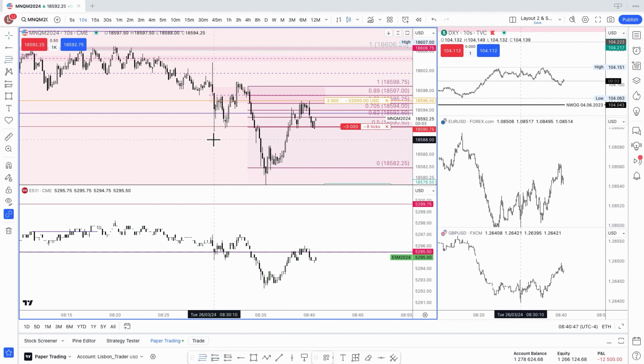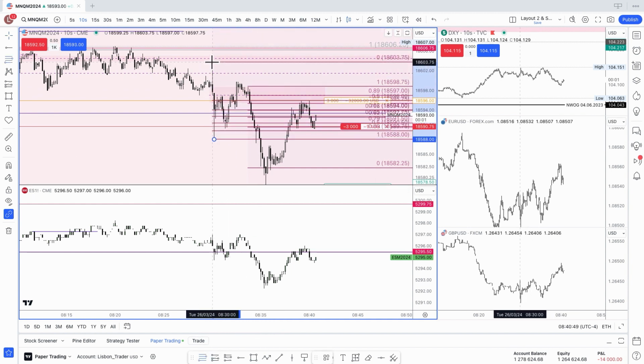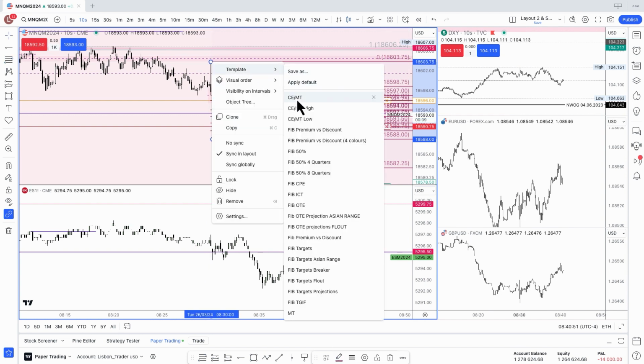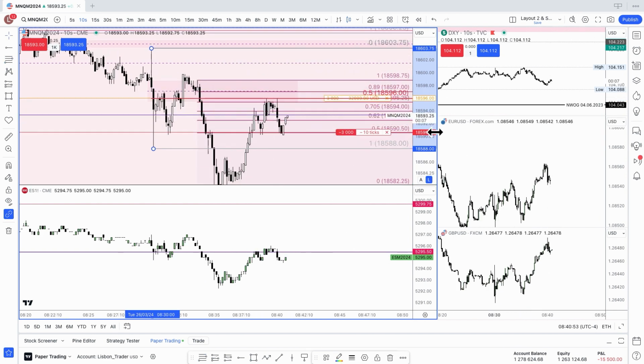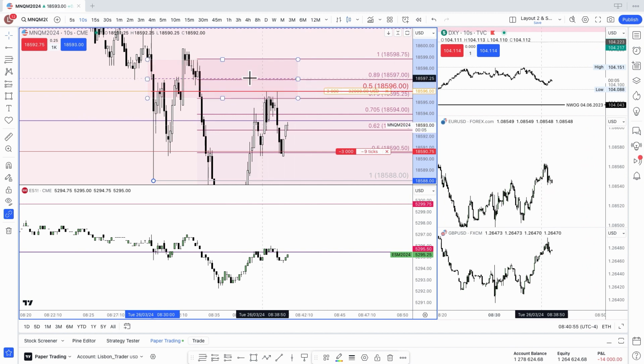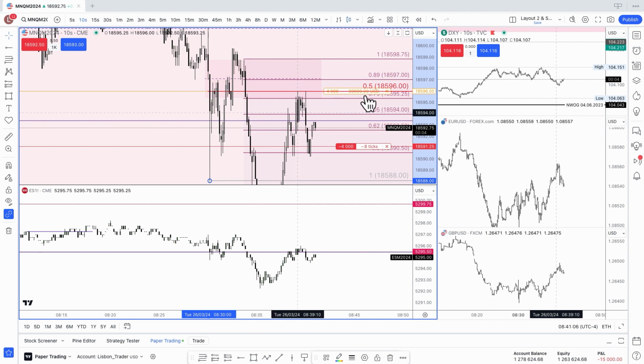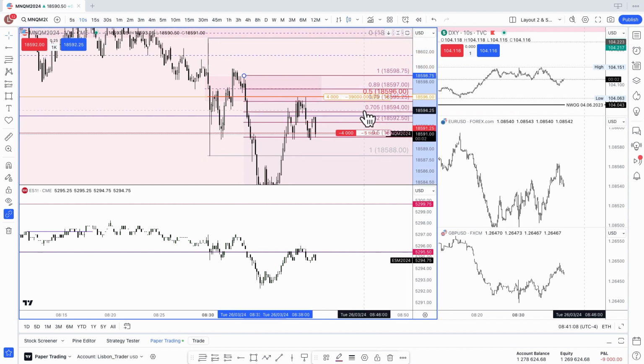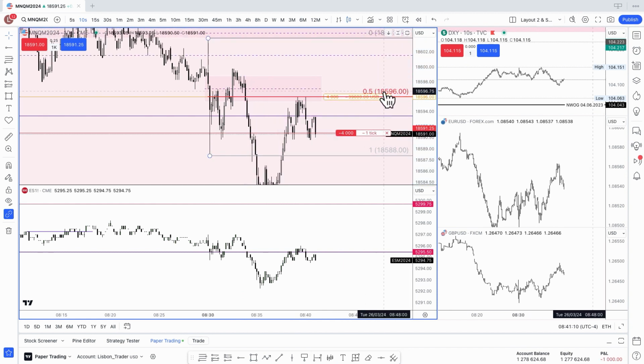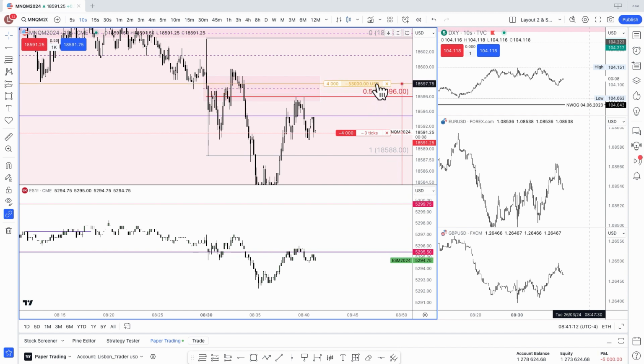So they came, this is the range, middle of the range. Middle of the range is here, so my stop goes.